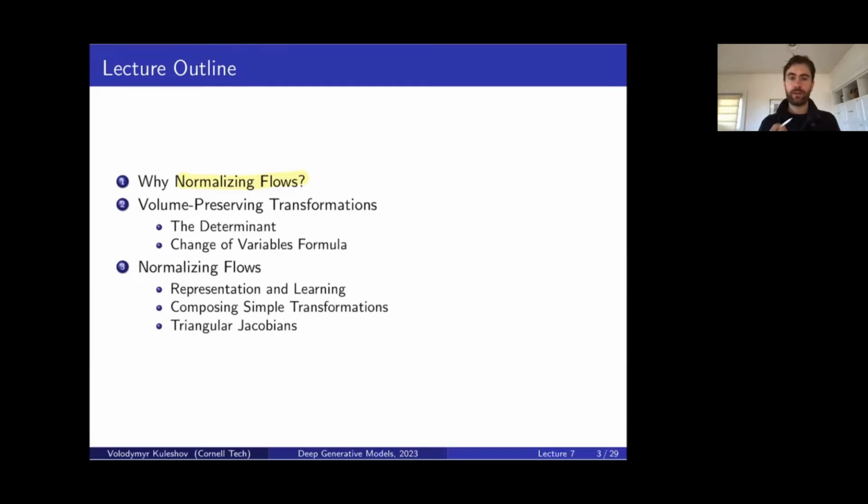In particular, we're going to look at the change of variables formula in probability and calculus. This change of variables formula will be the mathematical tool needed to define what normalizing flows are. So that's the plan for the lecture.